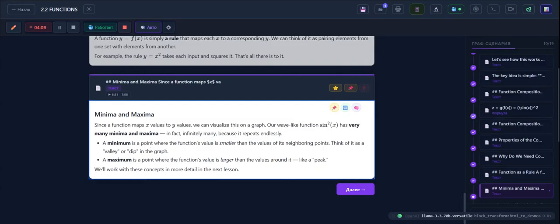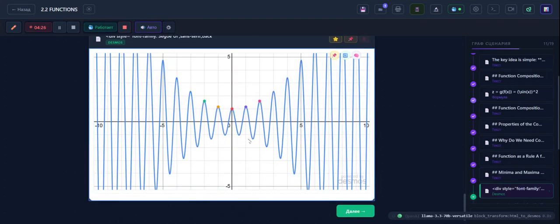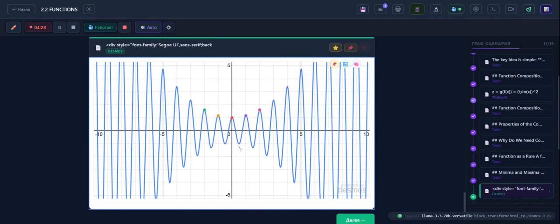Basically, minima and maxima points mean a particular peak where the particular value is the smallest one around, or it's the largest value around. And this is how it looks. We have maxima points and minima points.